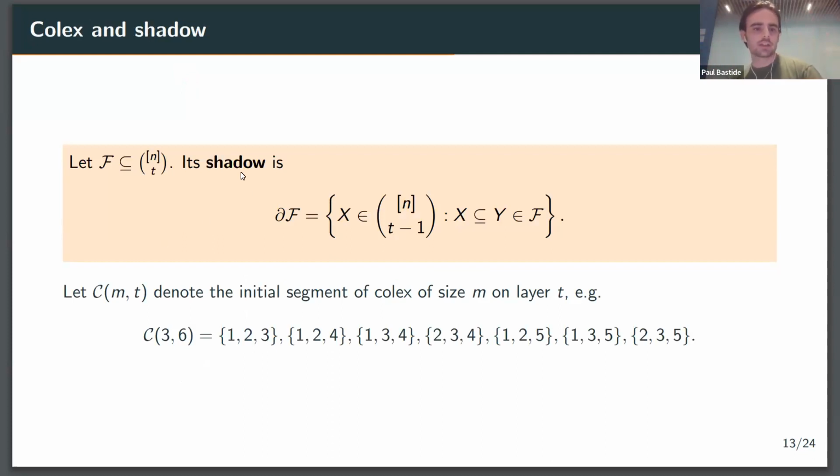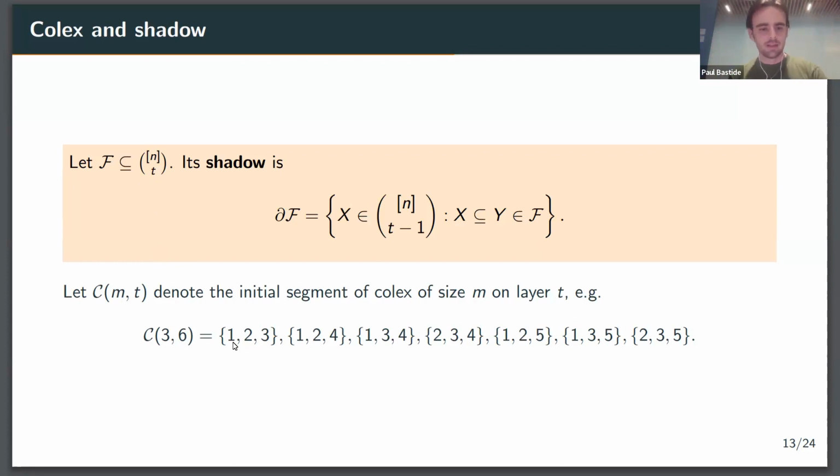What I mean by the shadow of some family included in a layer is, looking layer by layer, all the sets that are in relation to this family but in the layer t minus 1, where this family was in layer t. And the initial segment of colex is the order that you see here. Roughly, if you look at this order, you want to minimize the number of elements of the ground set that you're using.